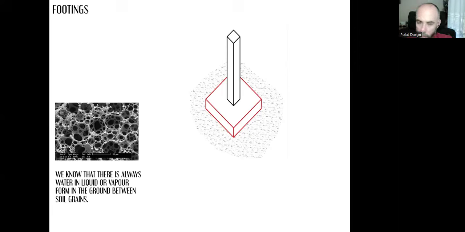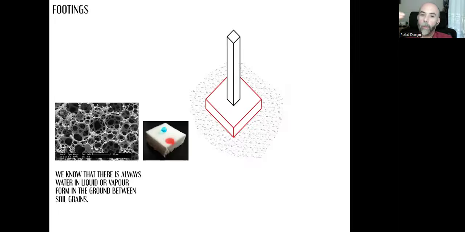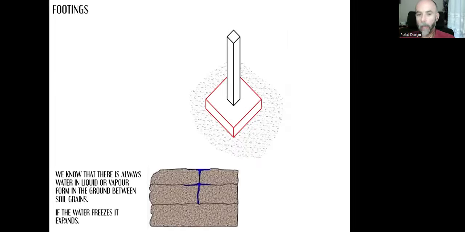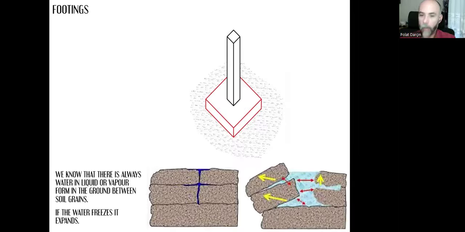There are pores, micropores inside the concrete. So all this water, either in liquid form or gas form, will fill all the gaps in between the grains or in the concrete. And if it freezes due to weather conditions, it expands. The water will expand as it freezes.